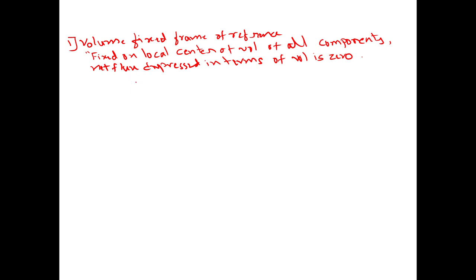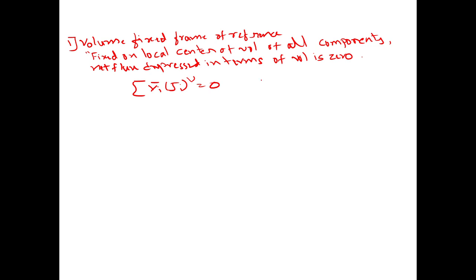So from the definition, we can say the partial molar volume times its flux with respect to volume is zero.